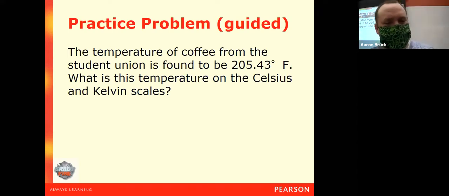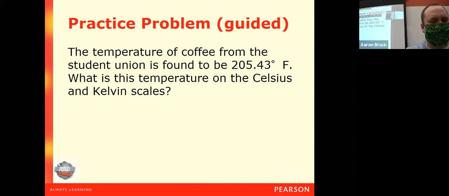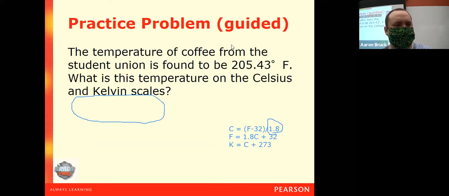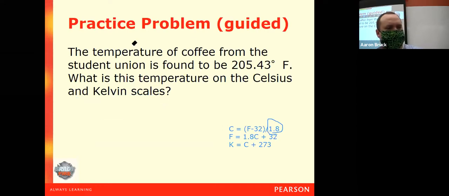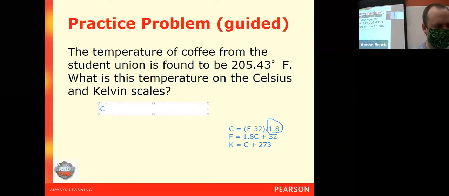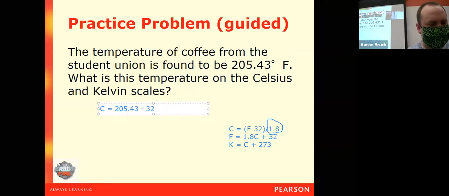That being said, what are the temperatures on the Celsius and Kelvin scales? This is where we've got to pull in our equations. So we want to go from Fahrenheit to Celsius. So we're going 205.43 minus 32, and then divided by 1.8.